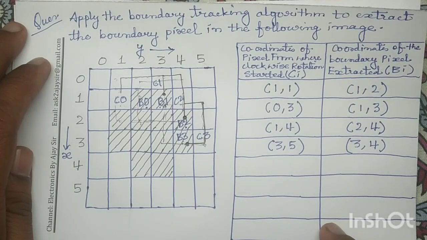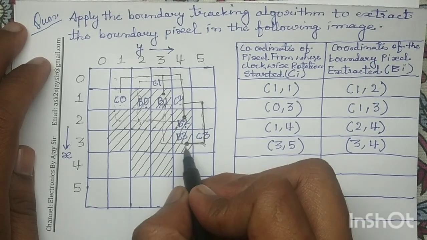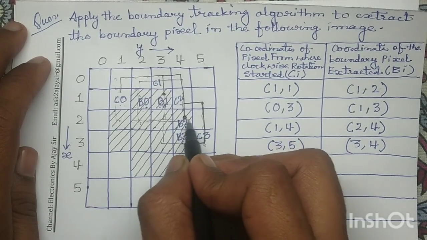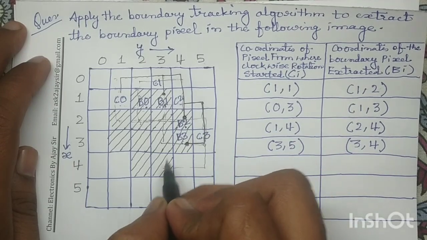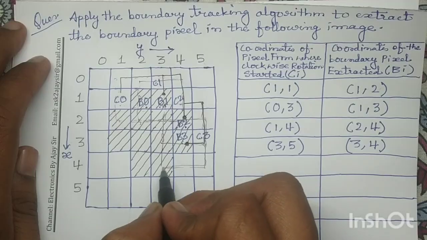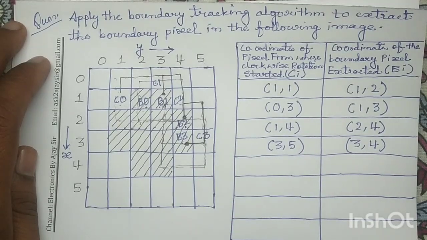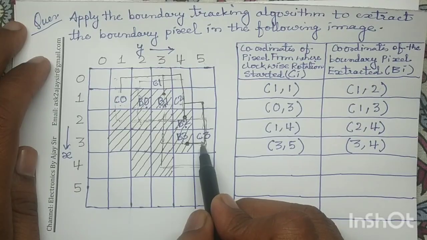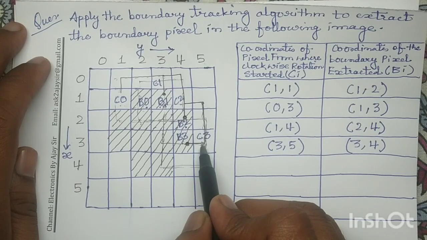Next, in the fourth iteration, we will target the 8 neighborhood pixels of B3. The 8 neighborhood pixels of B3 look like this. And from C3 we will start moving in the clockwise direction and observe which is the next boundary pixel that we will reach.